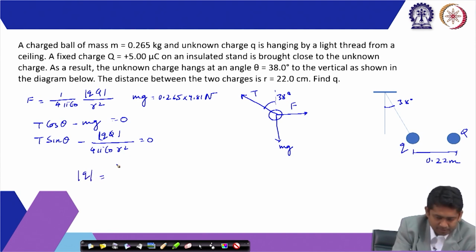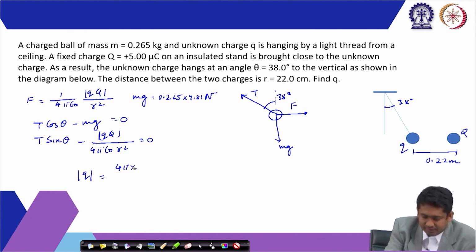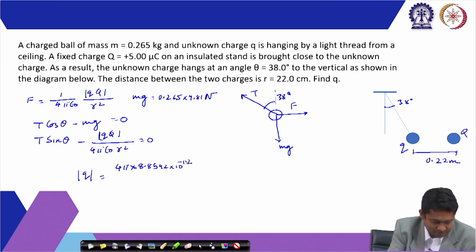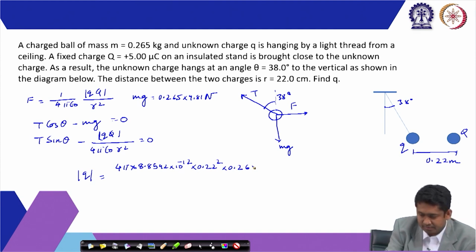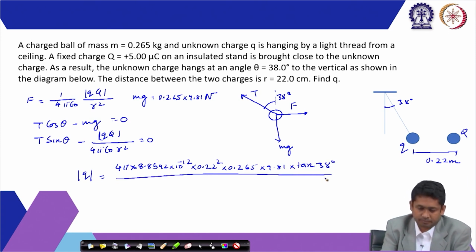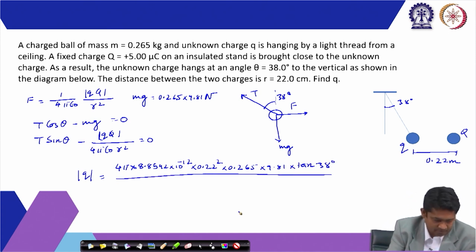charge magnitude q, and that comes to be 4 pi multiplied by 8.8542 multiplied by 10 to the power minus 12 into 0.22 square multiplied by 0.265 multiplied by 9.81 multiplied by tan 38 degrees, divided by 5 multiplied by 10 to the power minus 6.